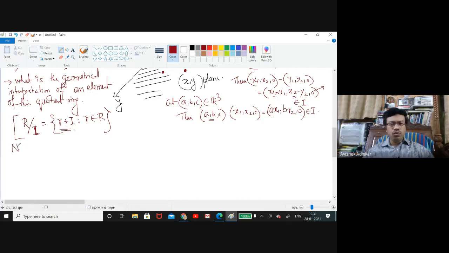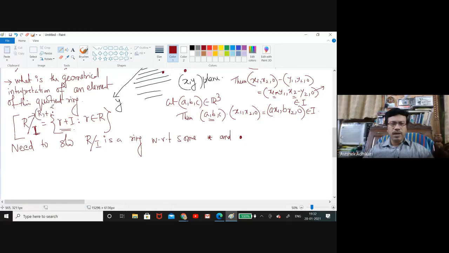I need to show R quotient I is a ring with respect to some operations, say star and dot. First, let R be the ring with the usual plus and dot.